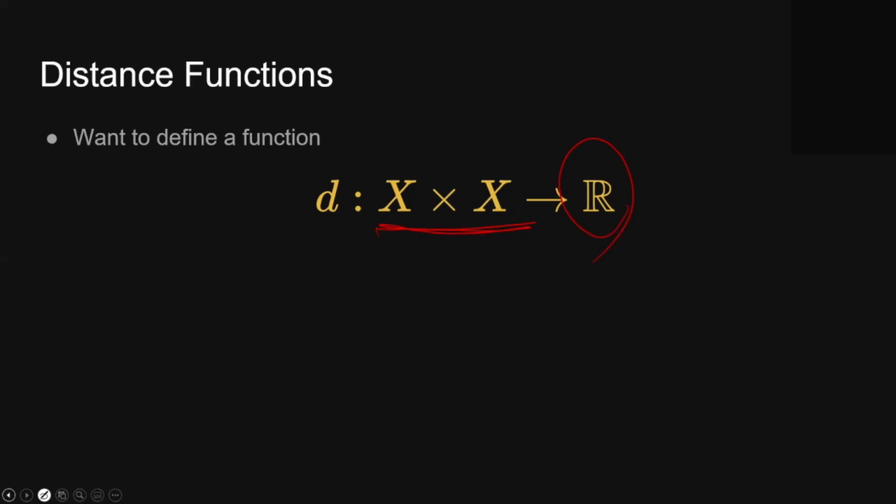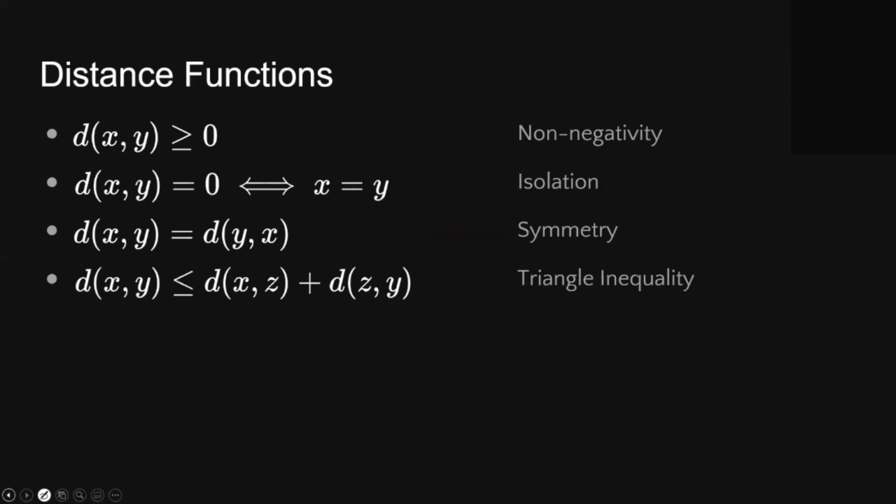That's the basic mathematical structure of a distance function. The properties that d needs to have are as follows. First, the distance function has to be non-negative, so the distance between x and y has to be always greater than or equal to 0.